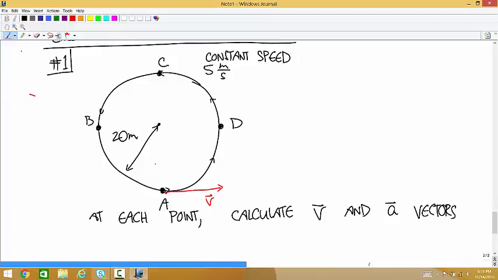And then it's turning. What direction is the centripetal acceleration? It's centripetal, towards the center. And since that's the only part of the acceleration, that's the total acceleration too.